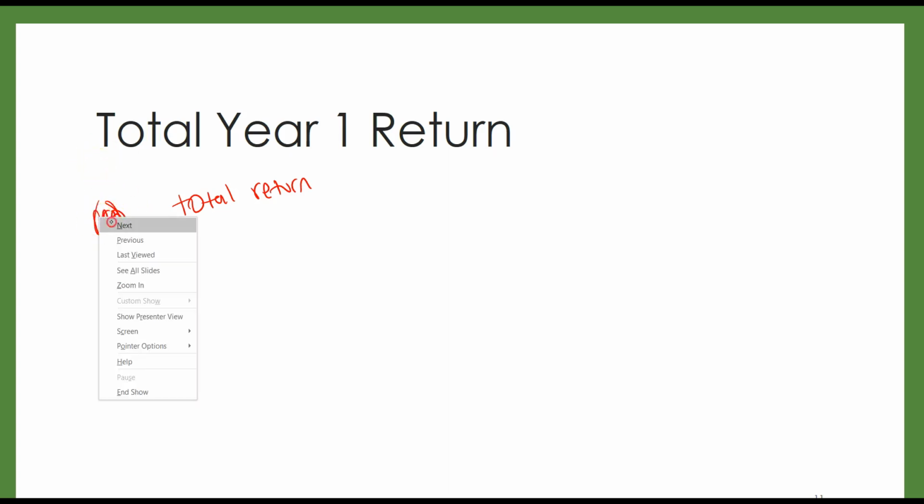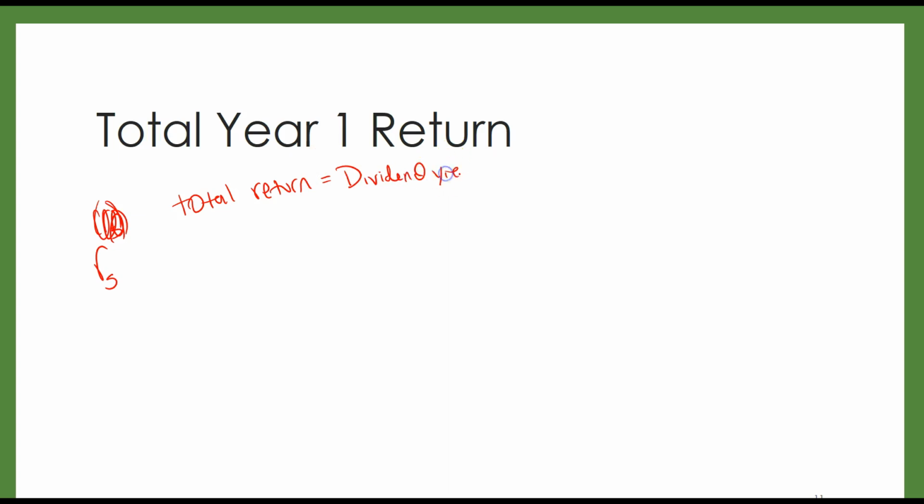So our total year one return, which should be equal to our required return, the minimum rate of return we're willing to accept, that R sub S that we calculated using the security market line. So our total return is equal to our dividend yield plus our capital gains yield.